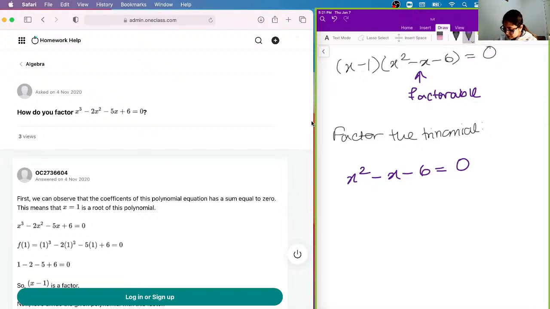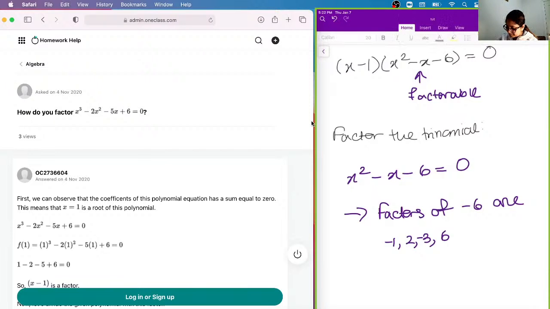And so let's first think about the factors of -6. So side note, the factors of 6 are 1, 2, 3, and 6, and any of them could be negative.